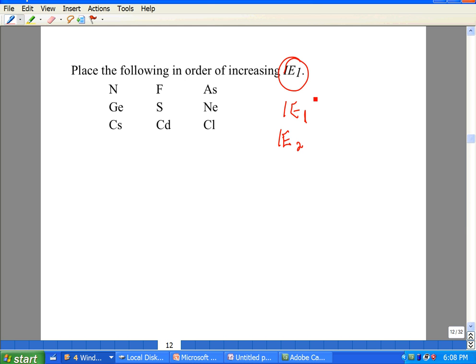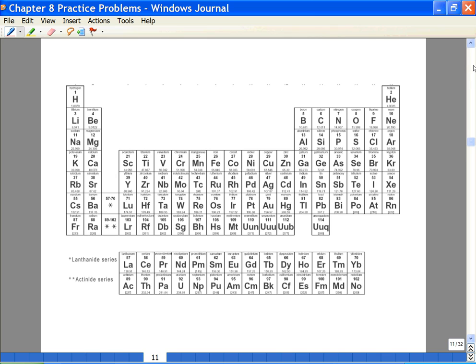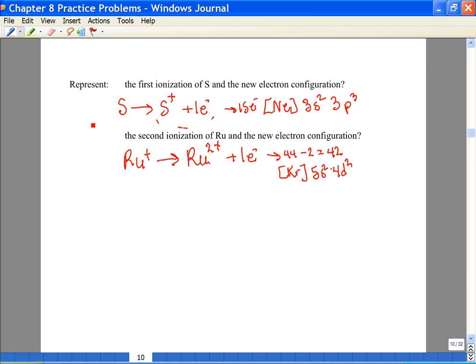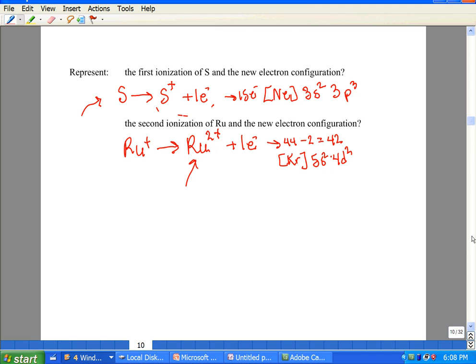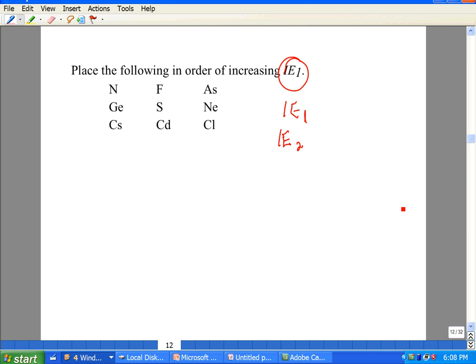IE2 is the second ionization energy. The same way we just saw in the example we did previously. The first ionization energy is the energy that's required to remove the first electron from a neutral atom. The second ionization energy would be the energy that would be required to remove the second electron.